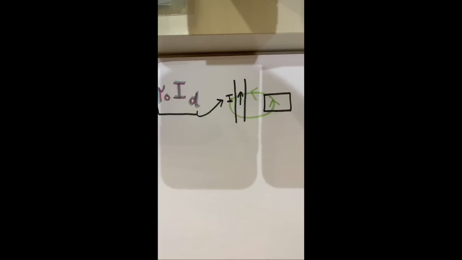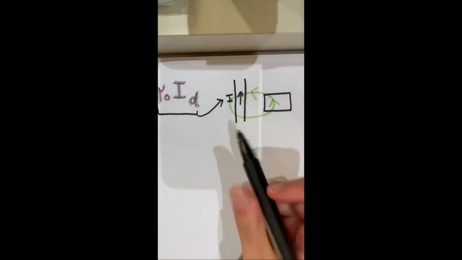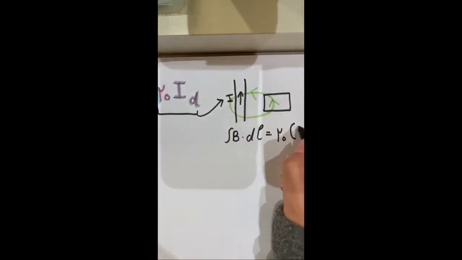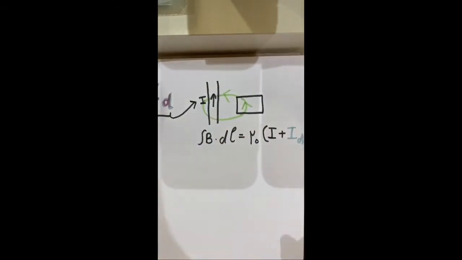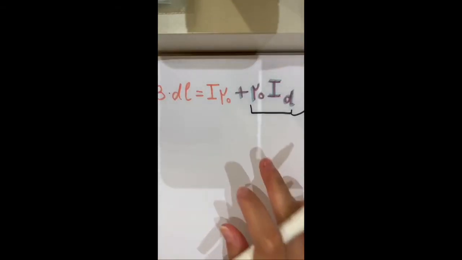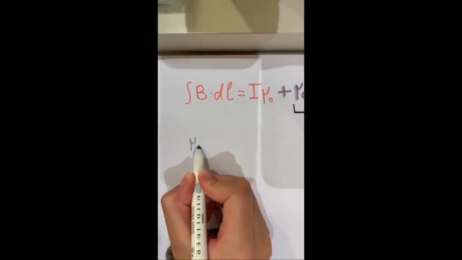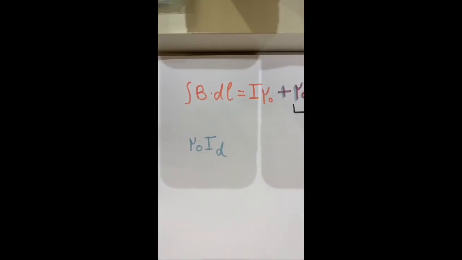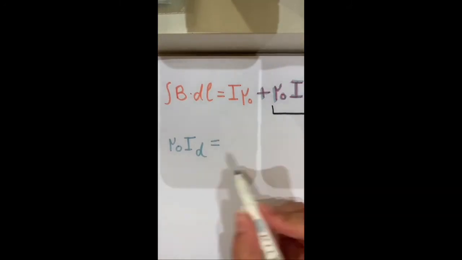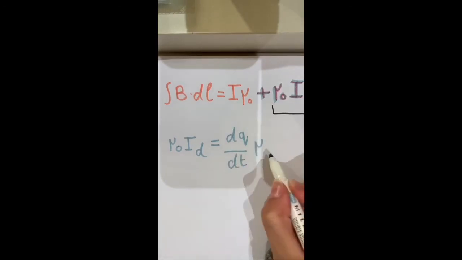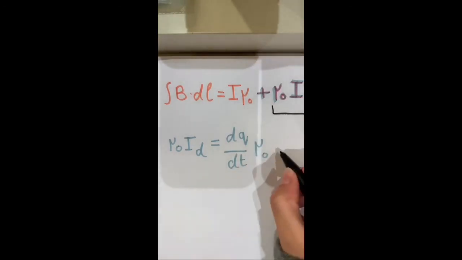Therefore, the equation is going to turn out this way. Alright, now let's take mu naught and I displacement and keep it aside. This will equal dq over dt, which is the current, multiplied by mu naught.